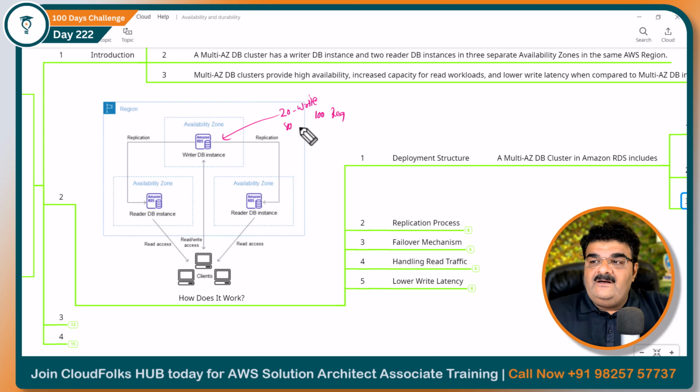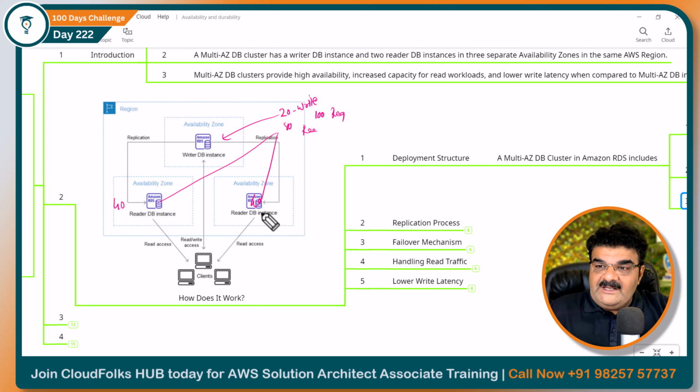Now we have 80 read requests, which will be divided between these two. So this particular writer instance is managing 20 write requests, and these DB instances are managing only read requests. Now look at this. The whole responsibility is divided between 3 different DB instances.